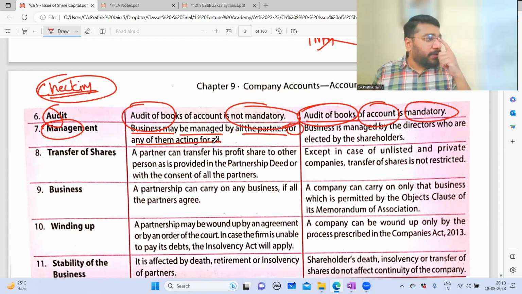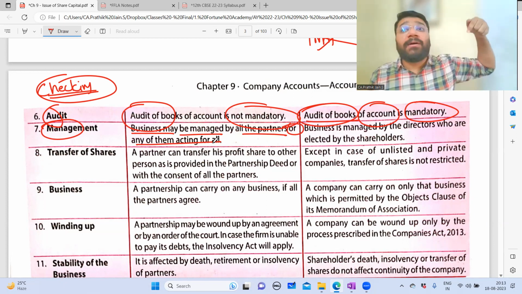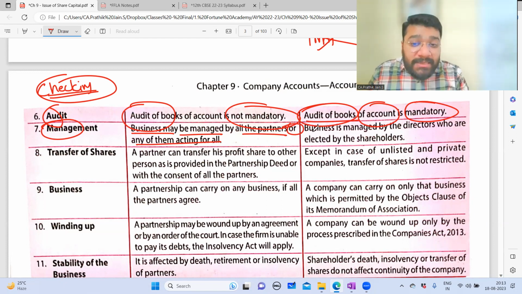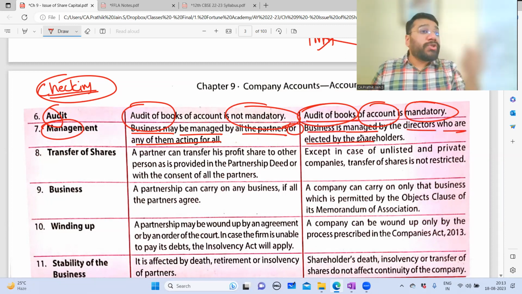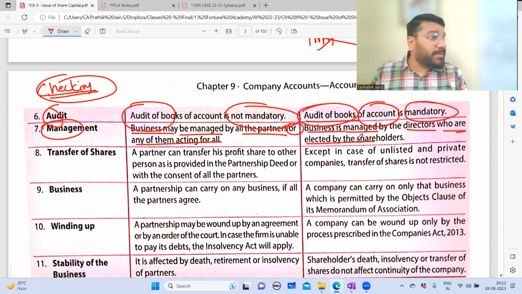Whereas in a public company and private company, when there are so many owners, do you think everybody can manage the business? No. So these people will elect representatives, and those will manage the business. So the business is managed by the directors, who are the elected persons of the shareholders. Shareholders are the owners, but they cannot manage the business. They will appoint the directors, and the directors will manage the business.